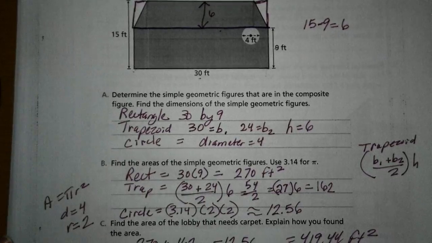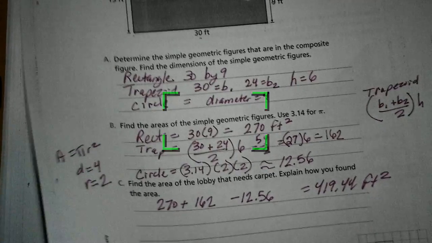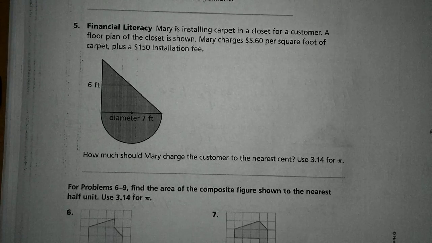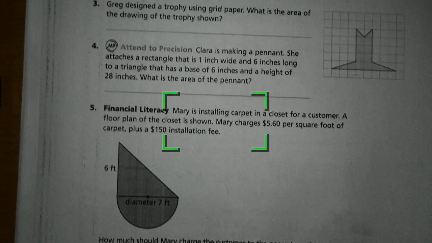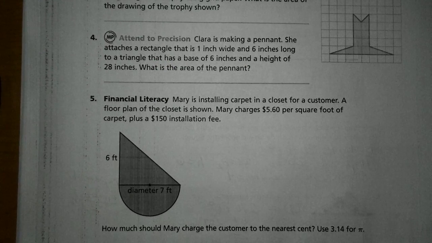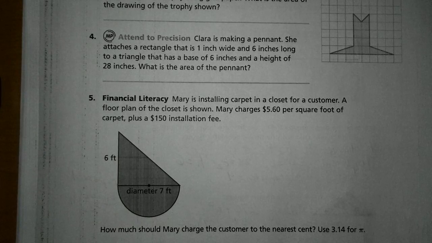Okay? All right. So what I want you guys to do, because we don't really have a lot of time to do the check understanding, is I do want you to move on to the on your own. Okay? We have about 20 minutes.